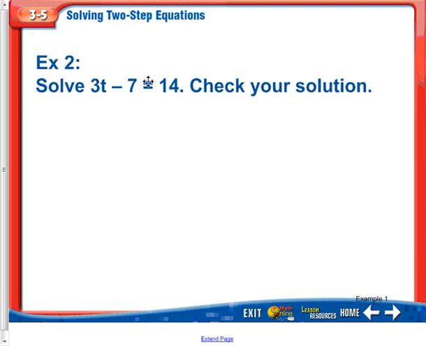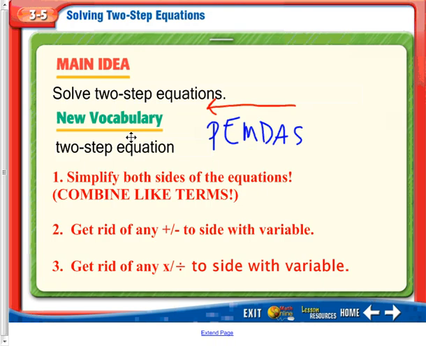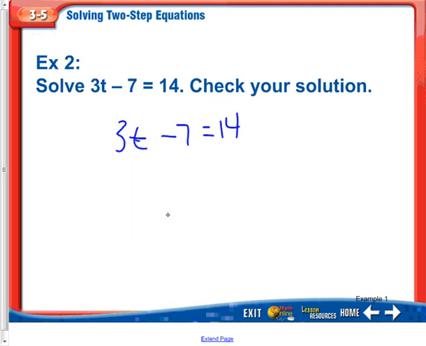Giving another example a try, we have 3 times t minus 7 equals 14. Right here I see we have multiplication, but if I remember my rules, I'm not going to do the multiplication first. I'm going to get rid of any addition and subtraction to the side with the variable first. I'm looking at the negative 7, because if we change that to addition, this is a plus negative 7.